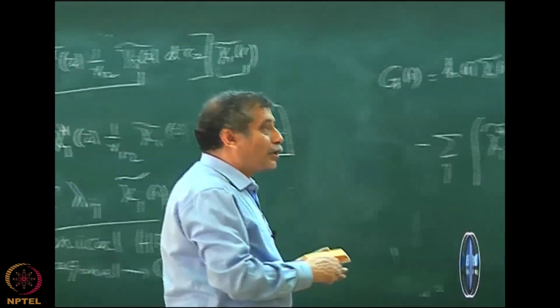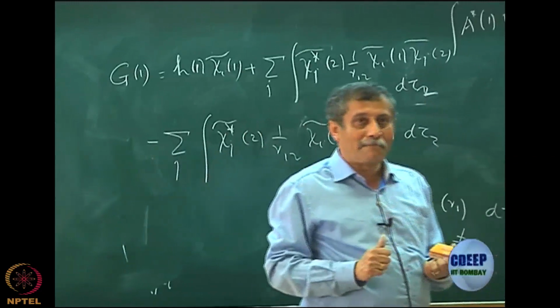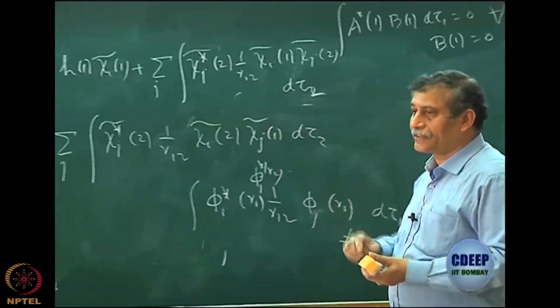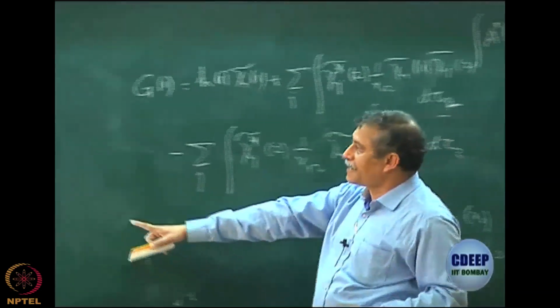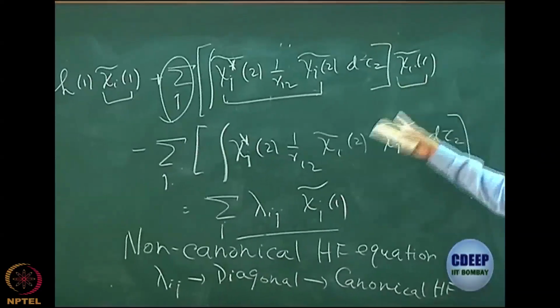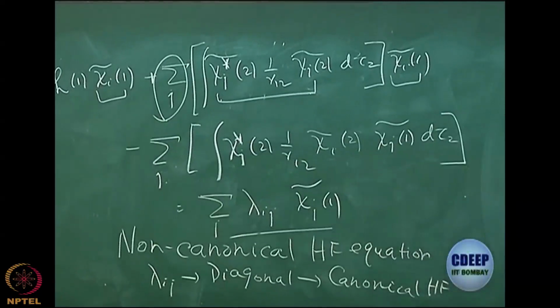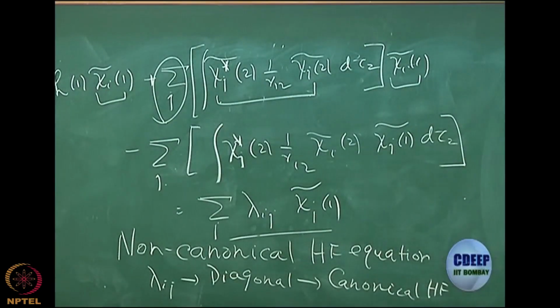However, I will quickly show you that formally, mathematically, I can derive an operator by making this look like a chi tilde 1, because that is what we want. The 1 should be on chi tilde, right, on the right hand side. So let me analyze this term.